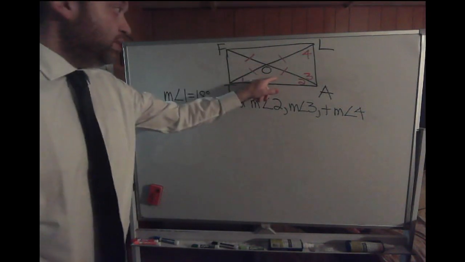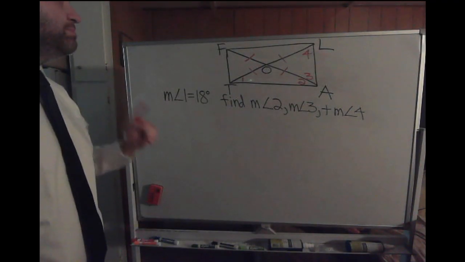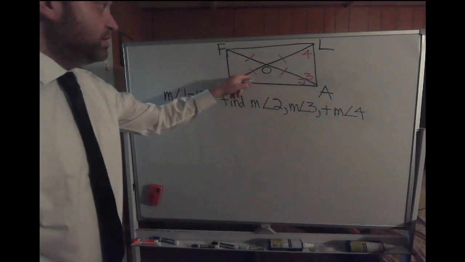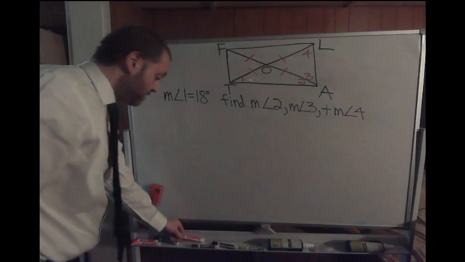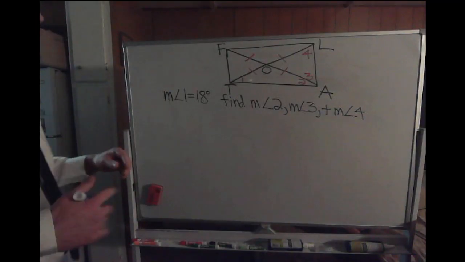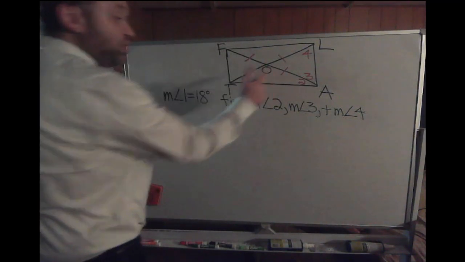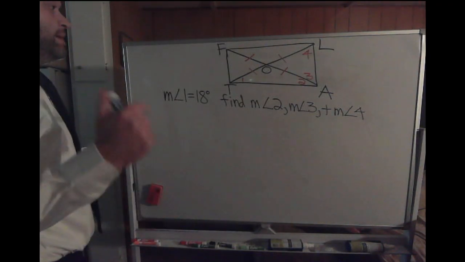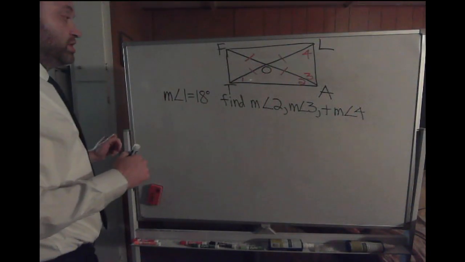If you look at TOA, that's a triangle, right? So, what does this mean? This means here, if TO is congruent to AO, you have an isosceles triangle, don't you? This is actually going to come in handy, knowing all your triangle theorems. The isosceles triangle theorem states that if two sides of a triangle are congruent, or in an isosceles triangle, the angles opposite those sides are congruent to each other.